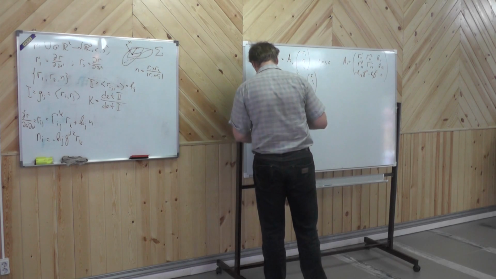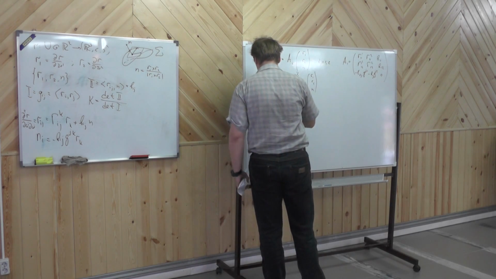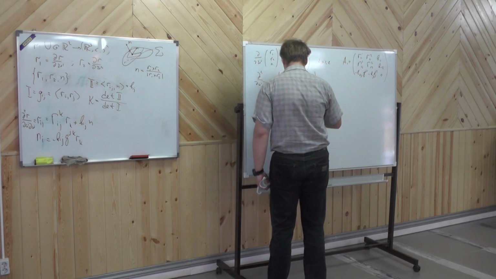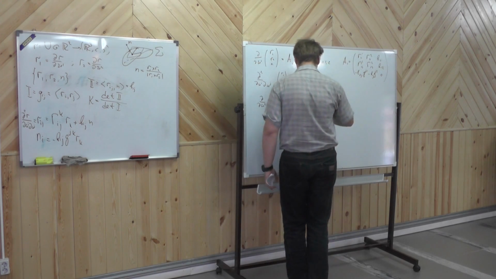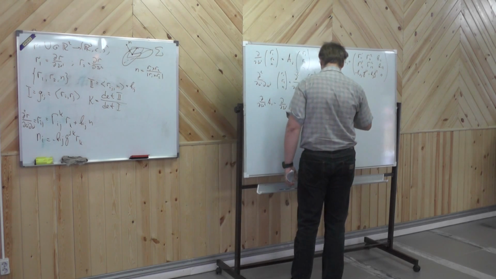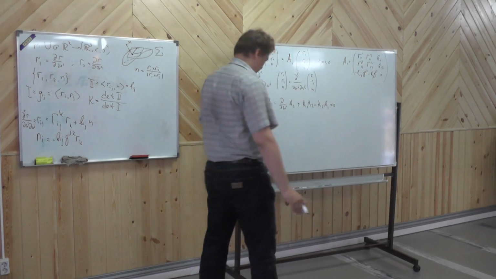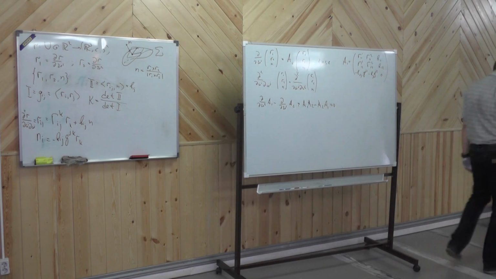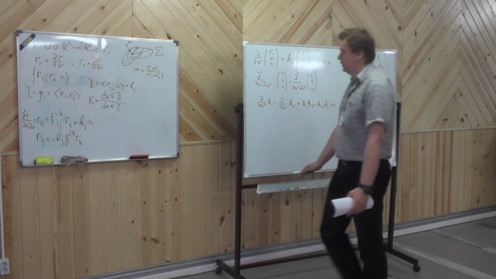This equation is called the Codazzi equation, and it looks as follows. This matrix that I write down on the left-hand side is identically 0 if you have any surface.